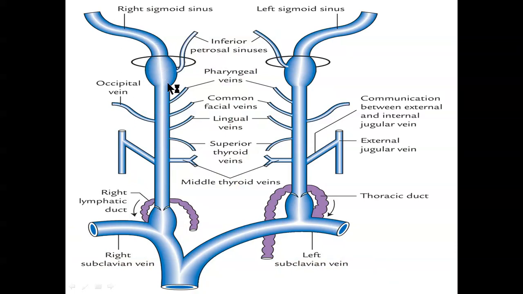Here we have the jugular bulb, and here we can see our right sigmoid sinus and internal jugular vein coming down, and ultimately joining with your right subclavian vein and forming your brachiocephalic trunk on the right side.